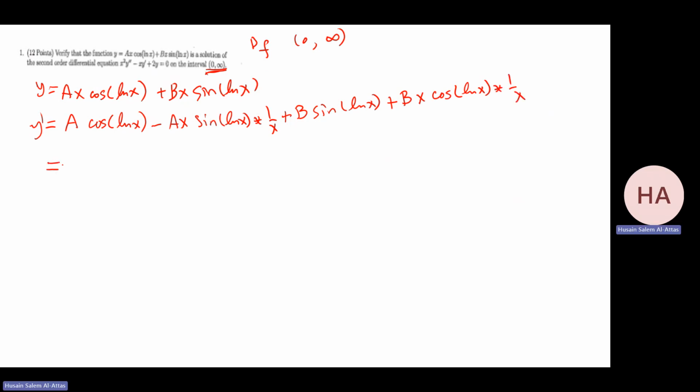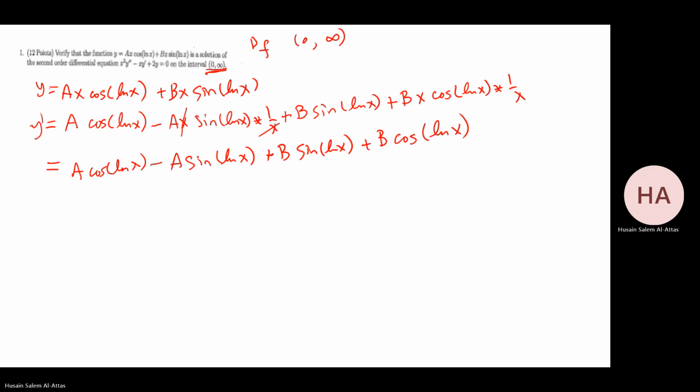So I can simplify it as a cosine ln x. Here I notice an x goes with x. Minus a sine ln x plus b sine ln x, plus b cosine ln x.